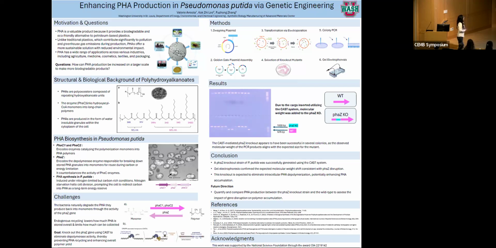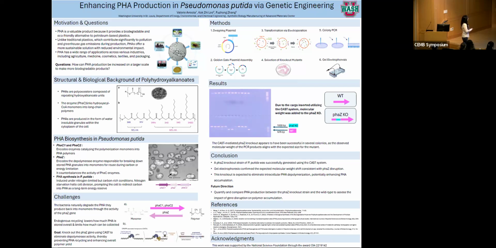Just a quick introduction to what polyhydroxyalkanoate actually is. They all have this general structure, and these are the differences between them. What really differentiates all the polyhydroxyalkanoates is their chain length. You have the short chain length and the middle chain length.